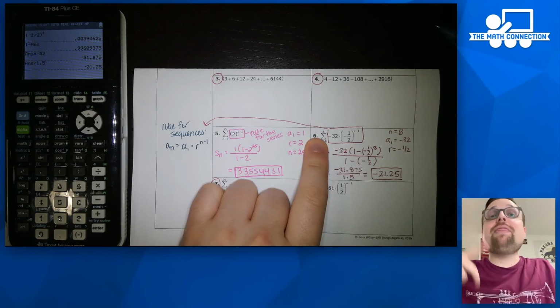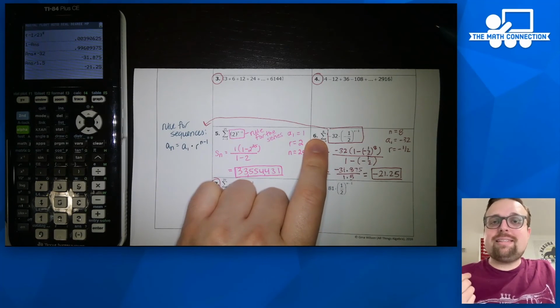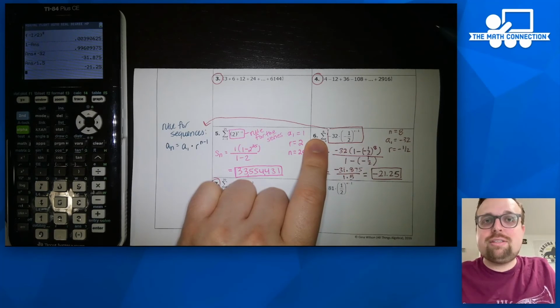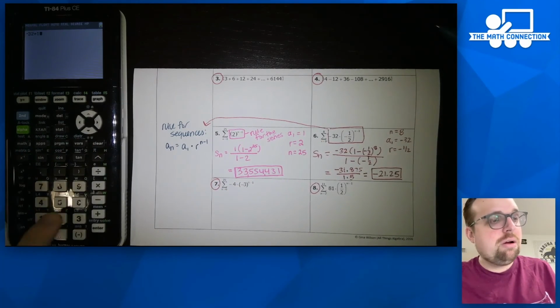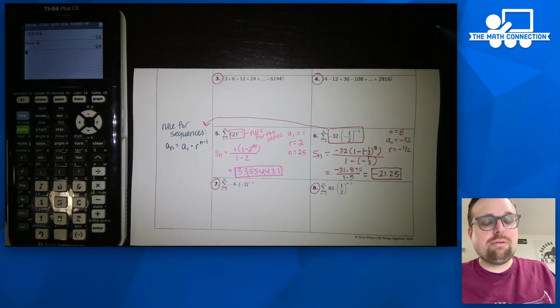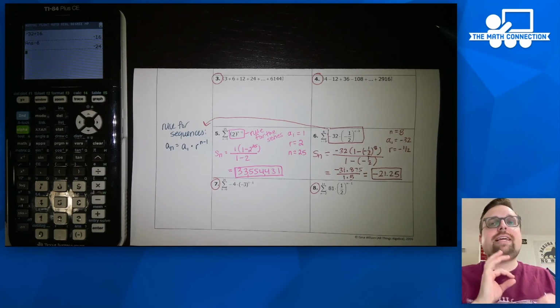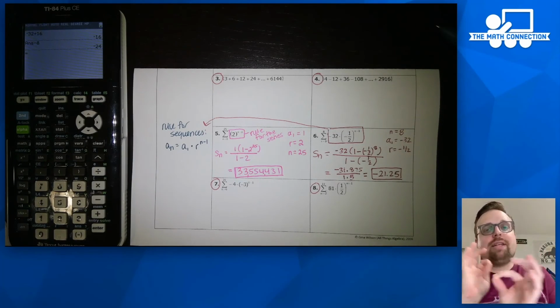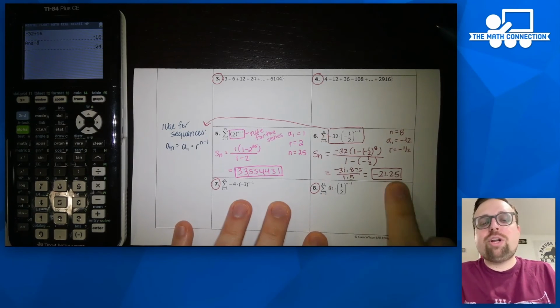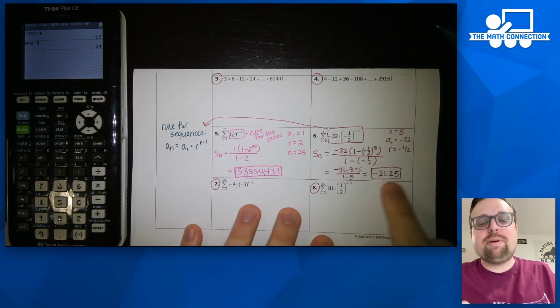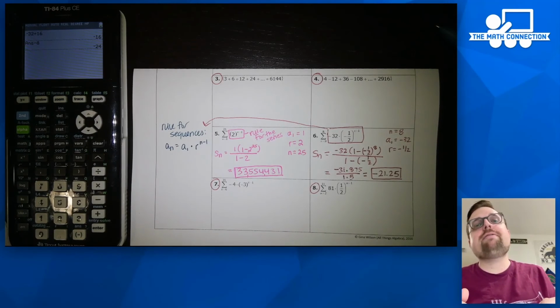But then when I find the next value, it's going to be 16 times negative 1/2, which is negative 8. So if I start adding those together, plus 16 minus 8, I get negative 24. And then it's going to just keep changing from positive to negative as I go along in that series. And then up to the 8th term, when you add everything together, it's going to give me negative 21.25.